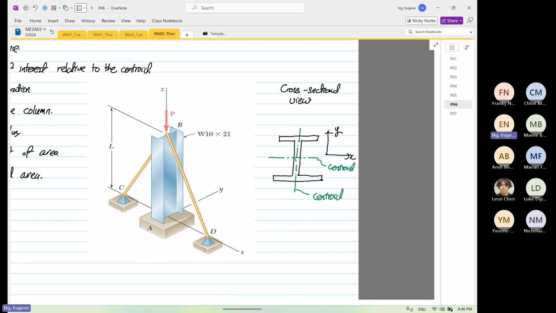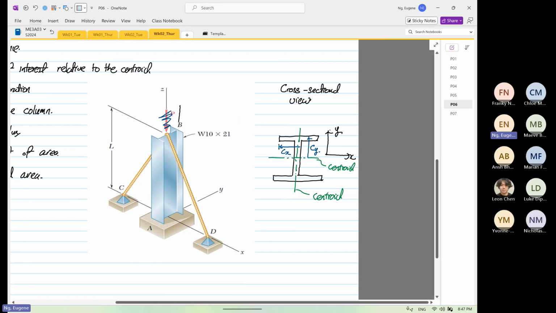Depending on how buckling occurs, C can be this distance over here, this is C Y, or it can be this distance, this is our C X. If P is not applied on the centroid because it's eccentric loading, and this is our P, then the distance from here to here is our E. Are we clear?